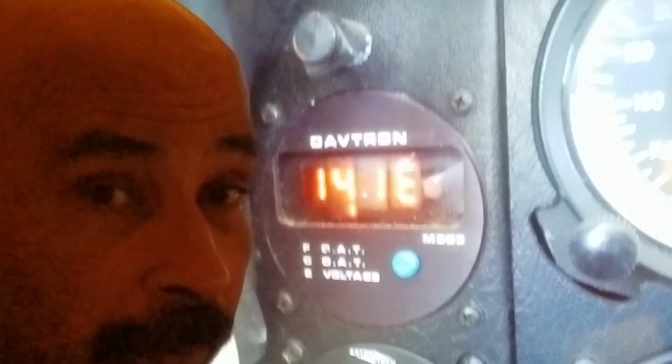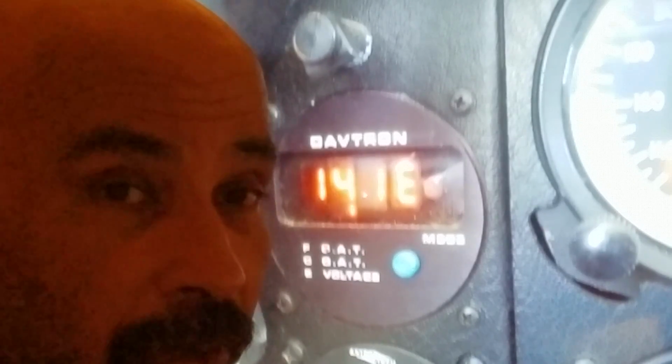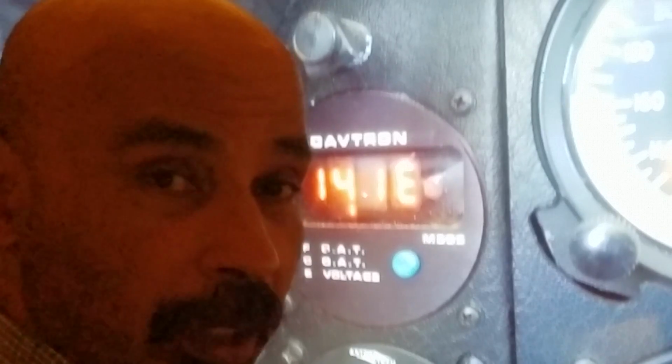And if you wanted to know if you were going to arrive at that assigned altitude, or if you even could arrive at it, then you might want to know what the outside air temperature is, so that you can compute the horsepower for that climb or for that altitude change.